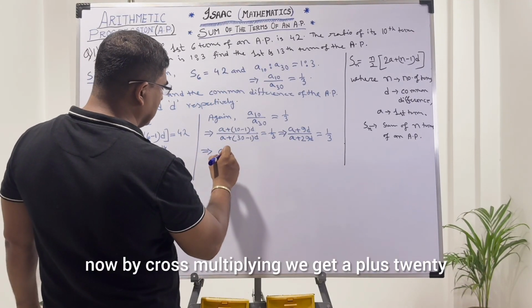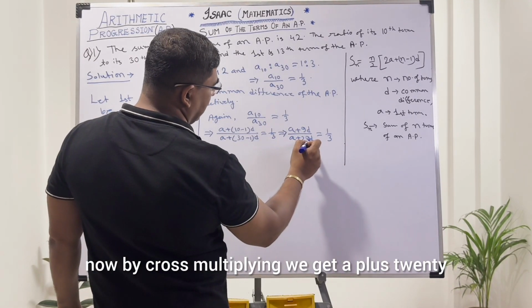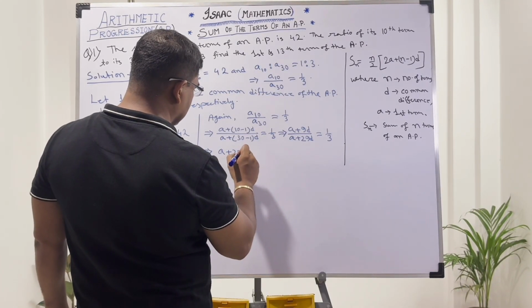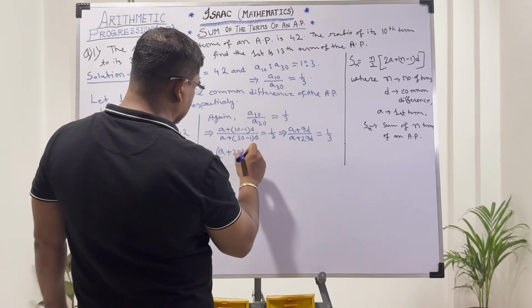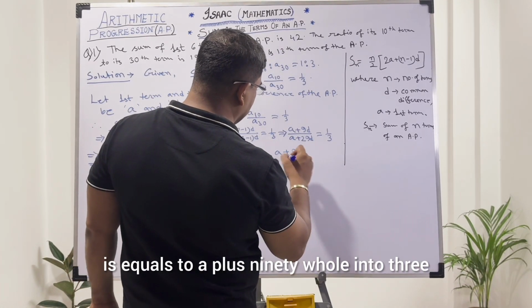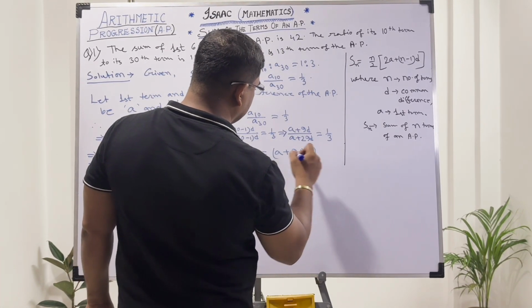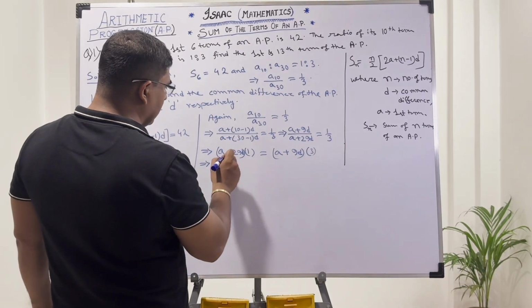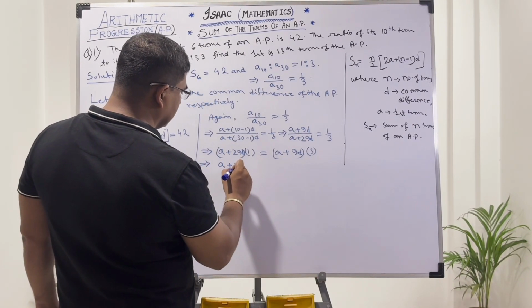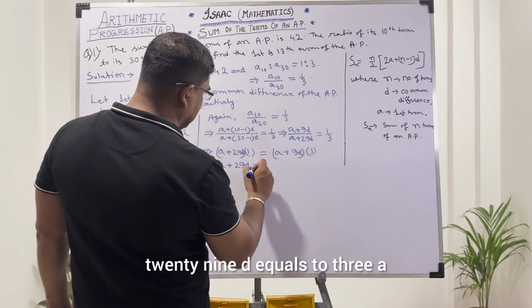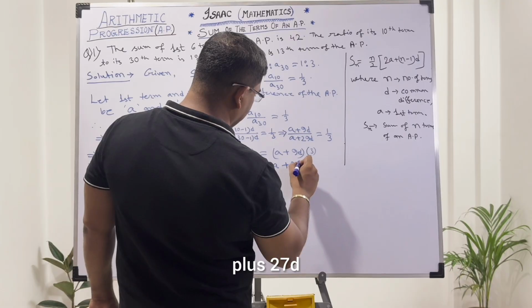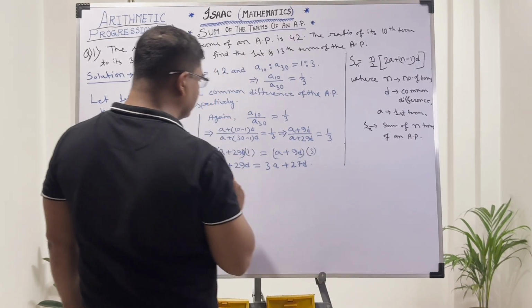Now by cross multiplying, we get A plus 29D into 1 equals A plus 9D into 3. This will give A plus 29D equals 3A plus 27D.